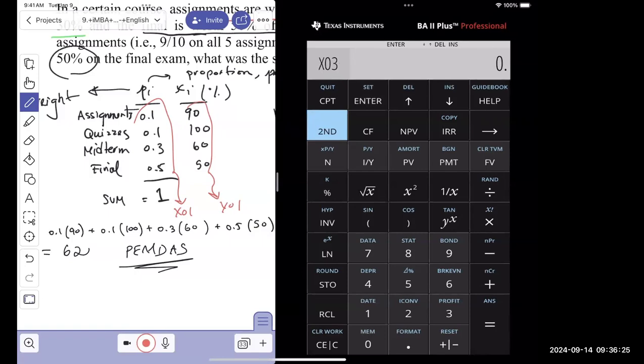And then X3, I enter 0.3, and then 60, and the last pair is 0.5 and 50. So reviewing my results, 10, 90, 10, 100, 30, 60, 50%, 50, and that's it. Any questions about what I did?